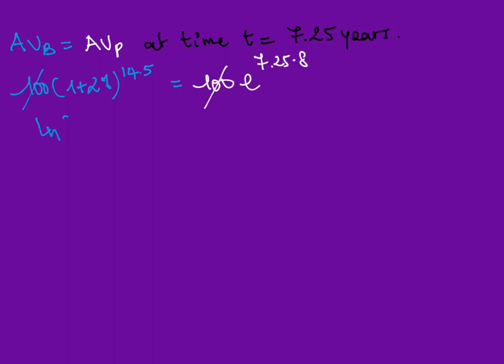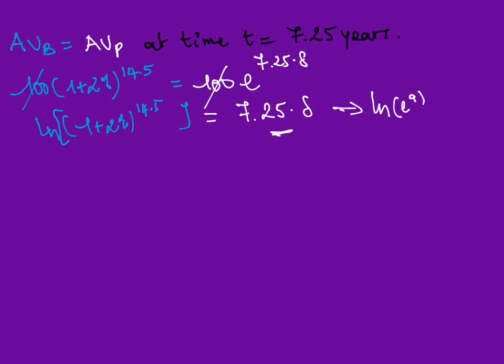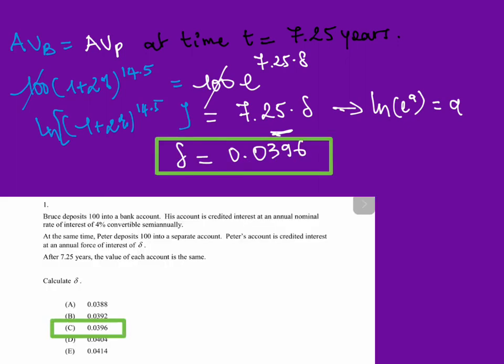We cancel both 100s because they are equal, and we take the natural logarithm on each side, and we have this equation. Now, why do we write this 7.25 times delta? Remember, when we take the natural logarithm of an exponential, ln of e^A equals A. So we move on to find delta, which is equal to 0.0396, which is our final answer, which is C.